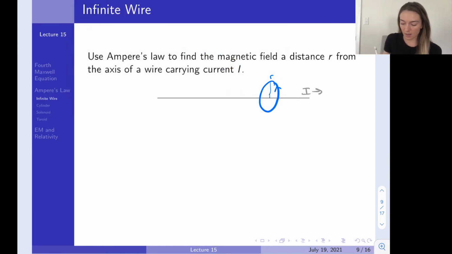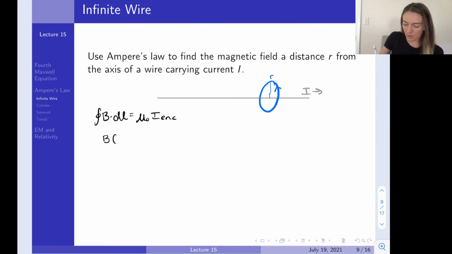So now I can write Ampere's law. I have the integral of B dot dl is equal to mu naught I enclosed. I can rewrite B dot dl as just B times the circumference of this loop.